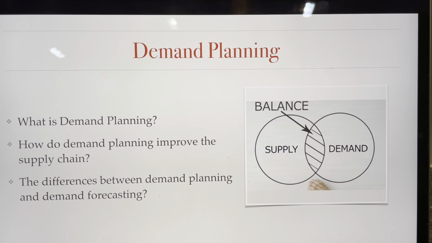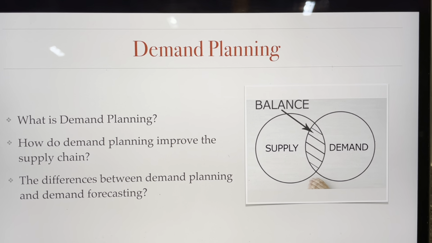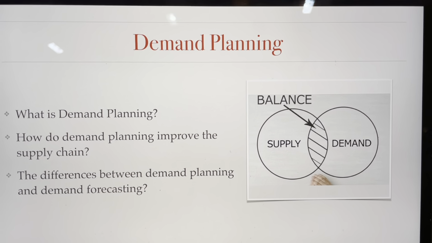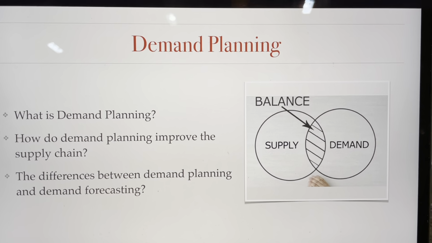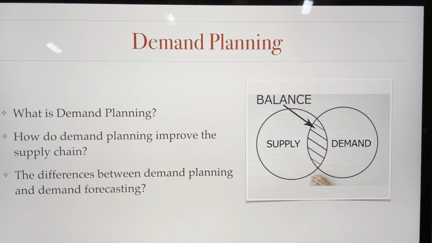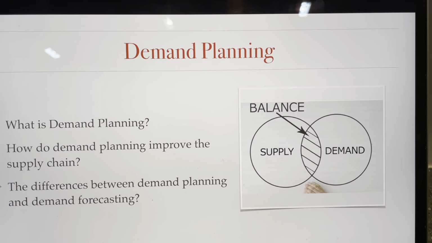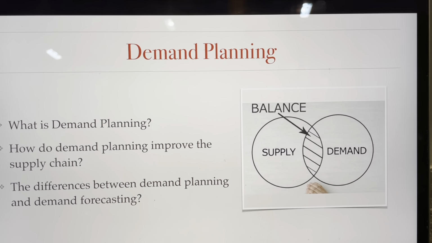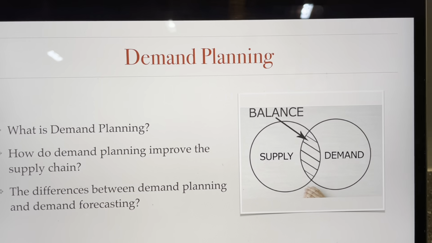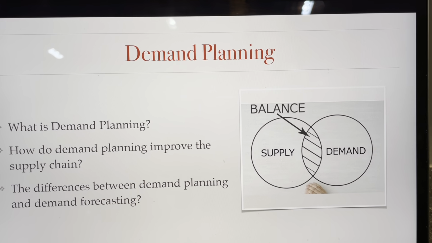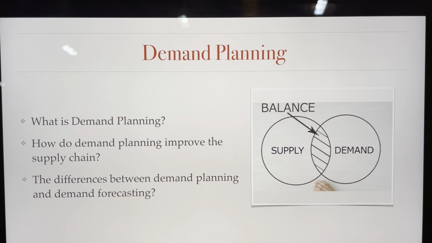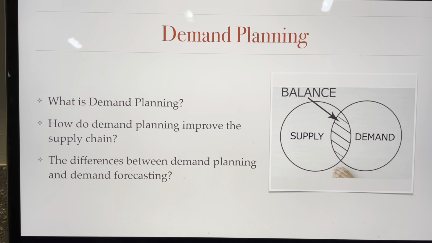So how does demand planning improve the supply chain? Demand planning can improve the supply chain because business leaders can stay in front of market shifts and make more proactive business decisions while being responsive to their customers' needs. If a product isn't available all the time for customers to purchase, the company will lose their customers and also their reputation.